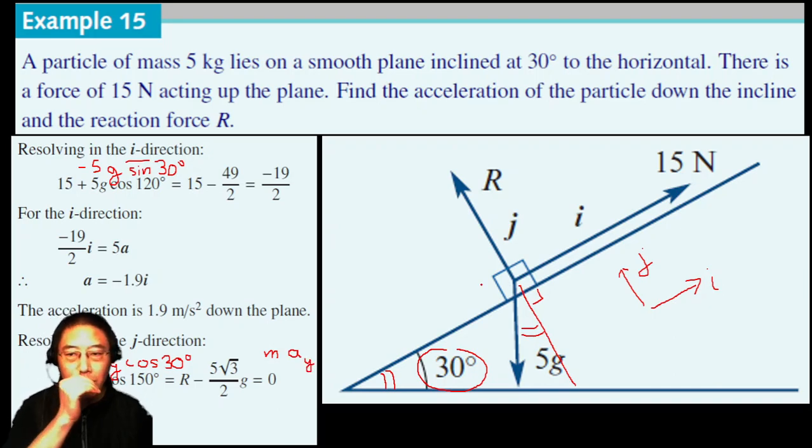But because the particle is moving along the plane, that vertical component is actually equal to 0. Then we resolve for R. So we have R, and then we have both elements, so we have resolved this question.